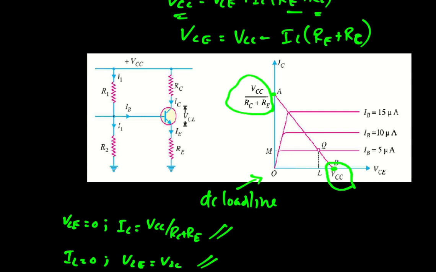The two endpoints of this straight line can be determined from this equation, so that we can draw the DC load line. The DC load line gives the different values of the zero signal collector current corresponding to the different DC collector emitter voltages. These are the conditions of the circuit in the DC condition.